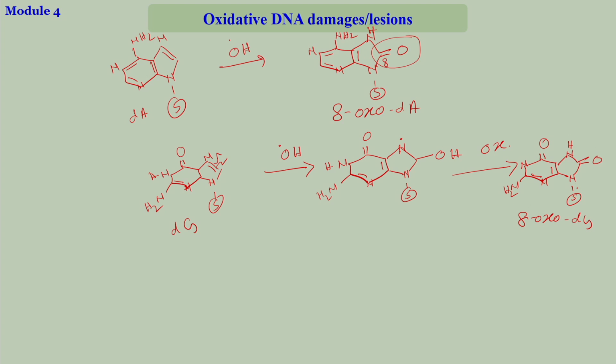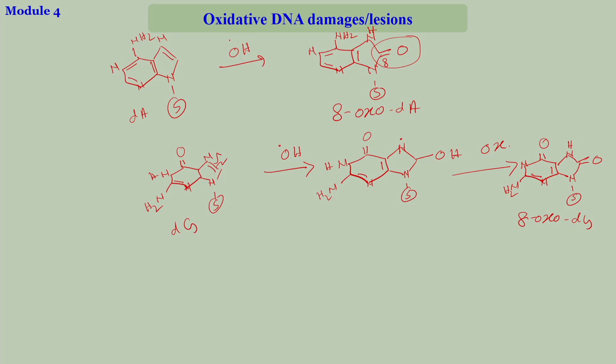I think you have already seen the structure of this when we have been doing the synthesis of the nucleobases, and this is one of the most notorious DNA lesions that is formed in the genome. So, this is upon the oxidation of the deoxyribose guanine.